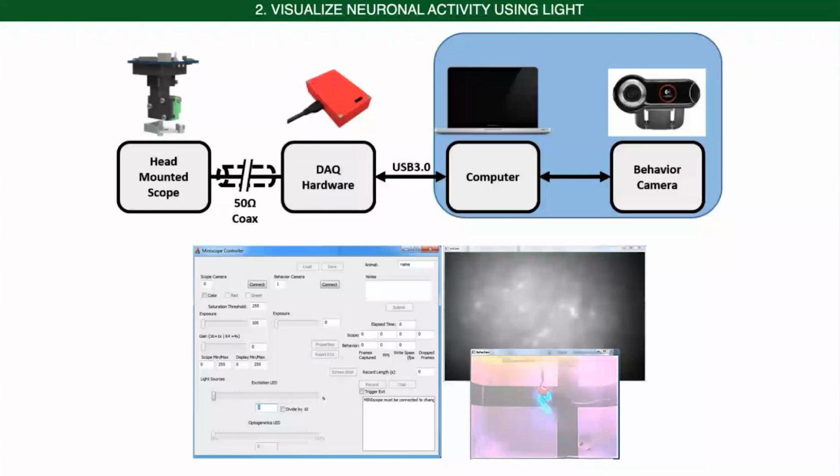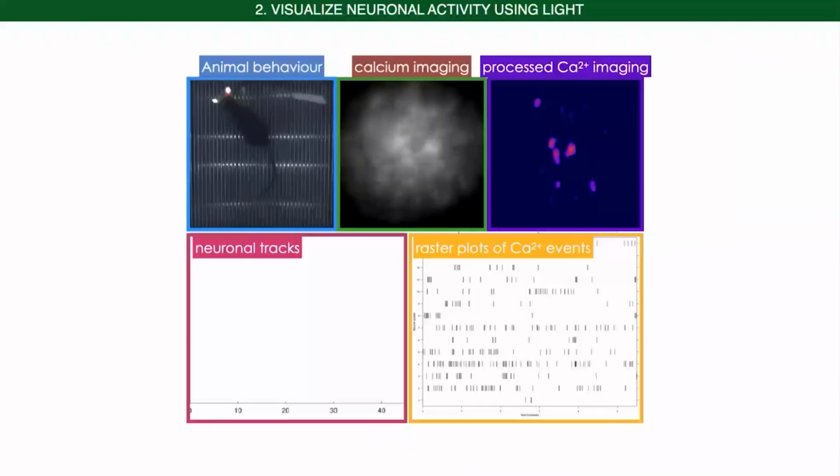And on the other side, at the same time, we have the visualization of the behavior of the animal through a simple behavioral camera. Here is an example from our laboratory of a mouse freely moving, and the activity of those cells.